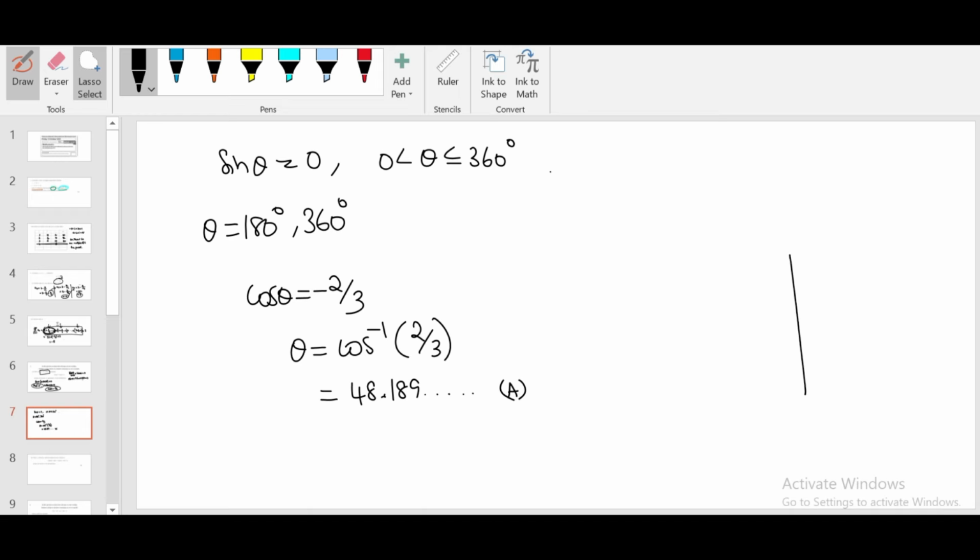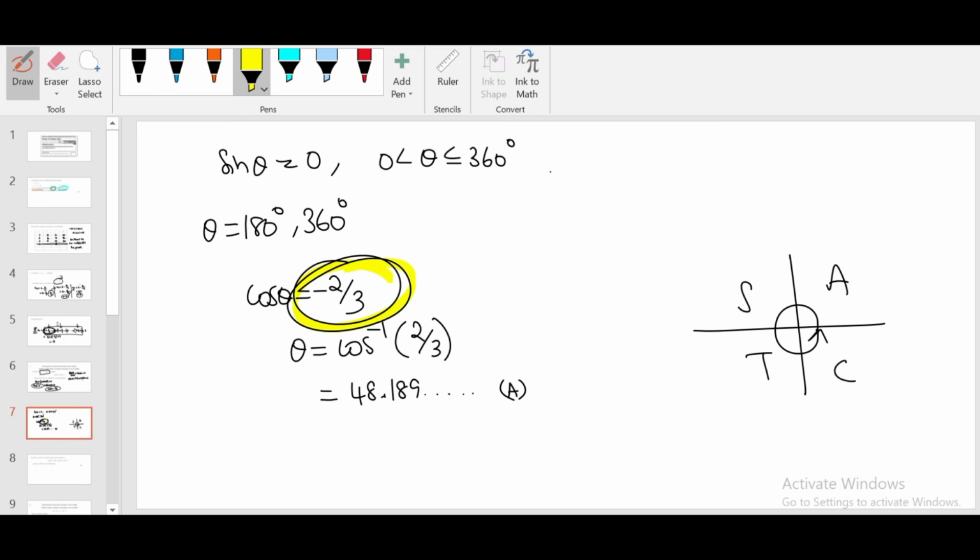Now you need to use the ASTC diagram, the CAST diagram. The limit given is 0 to 360. Cos will be negative in here and here. So the angle here is 180 minus theta. Here it would be 180 plus theta. Theta is the principal value.